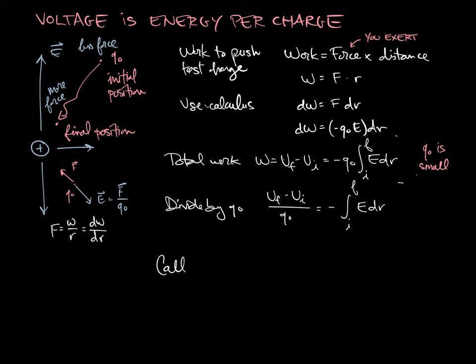So we call this energy per charge, voltage. We have the voltage at a final position minus the voltage at our initial position is equal to the negative integral of the electric field over the distance that we're pushing. And that's voltage.